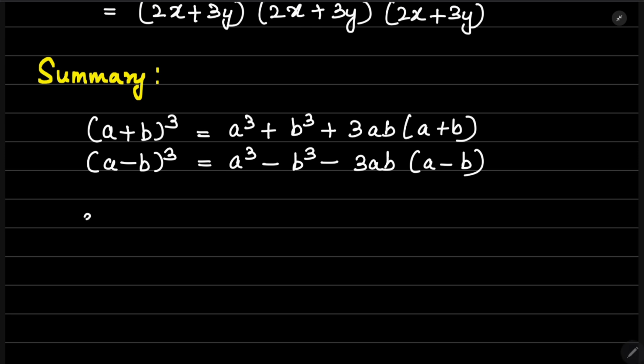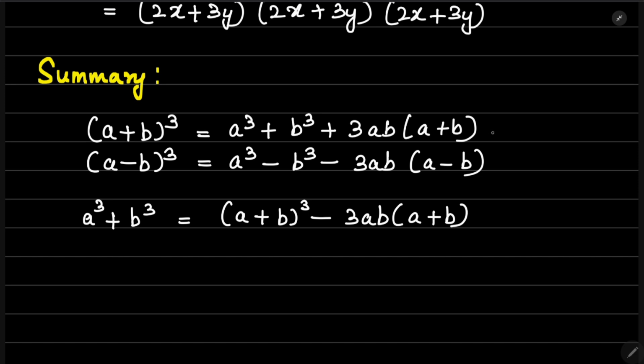Now from here we can write the sum of the cubes, that is a cube plus b cube. If you take this 3ab into a plus b to the other side, it will be nothing but a plus b the whole cube minus 3ab into a plus b, right? Okay, so this is nothing but here.